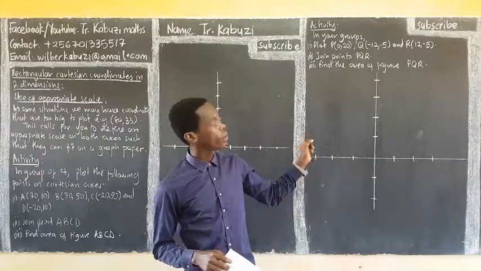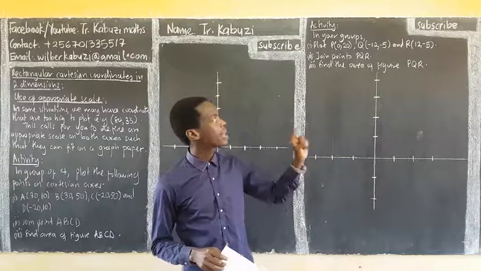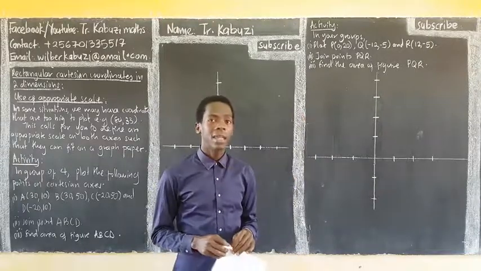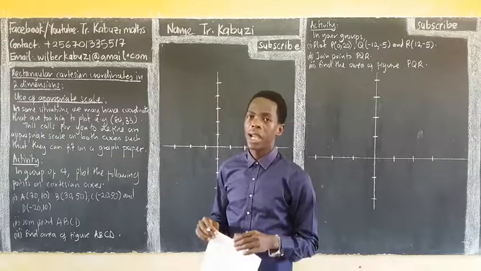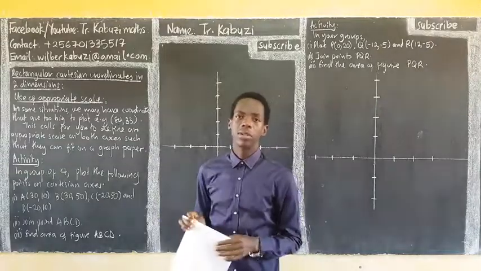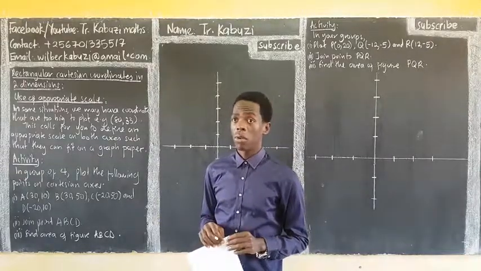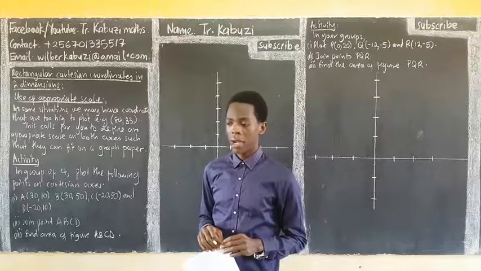They are the same idea, but the points are having huge coordinates which you cannot easily plot here. So we have to use appropriate scale. Can you handle that?